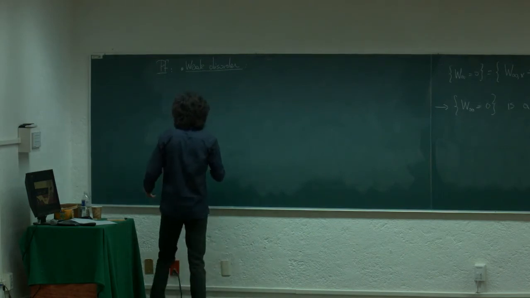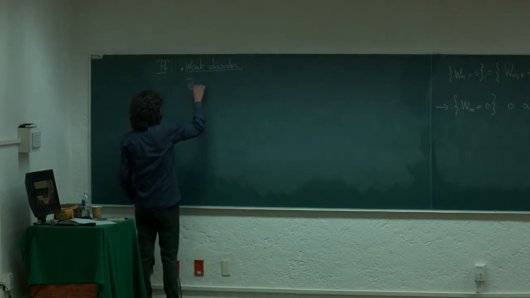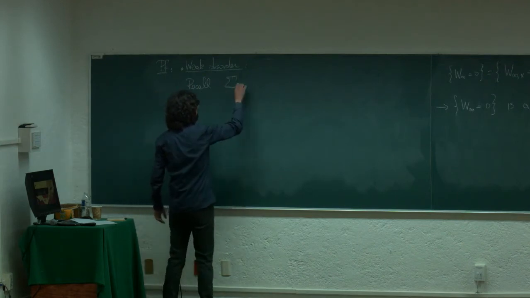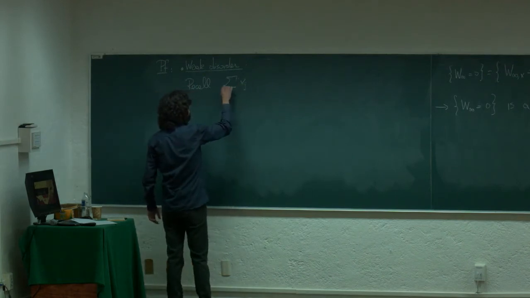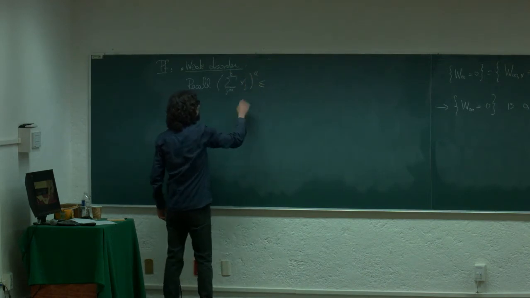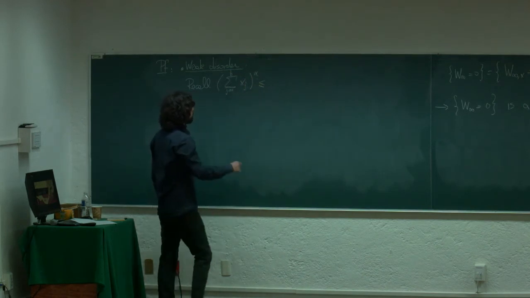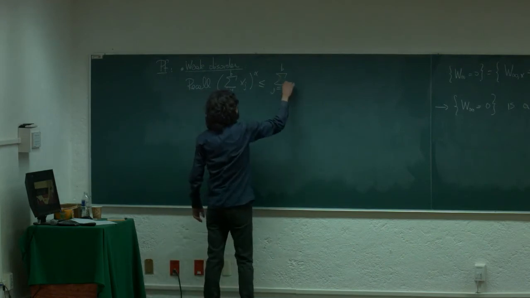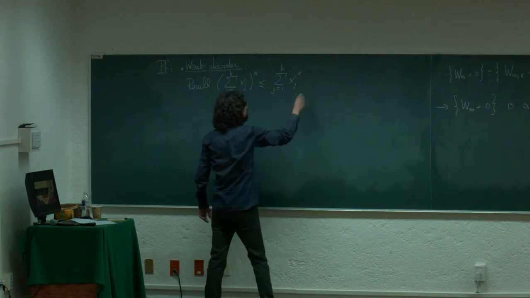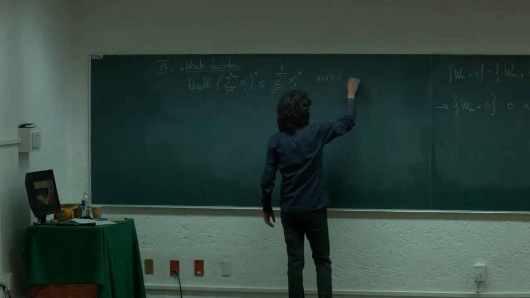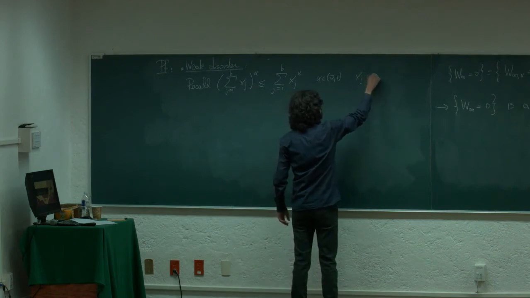So let's just recall this basic concavity inequality. If I take alpha between 0 and 1, then I have the following inequality. This is for alpha between 0 and 1, and x_j positive.